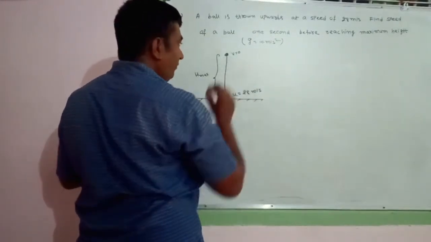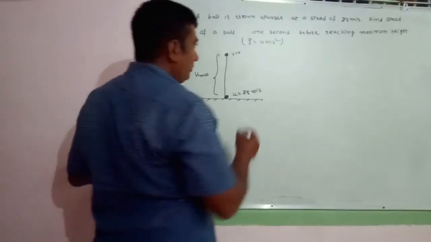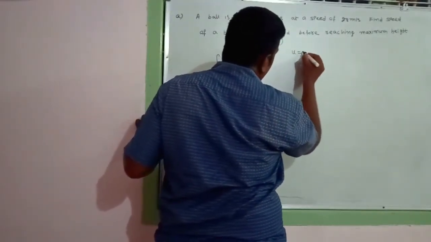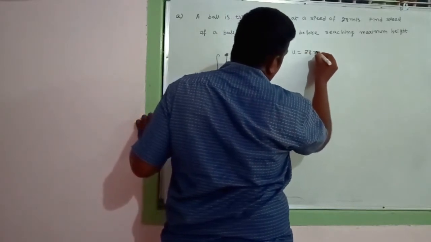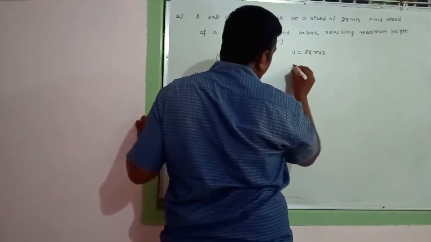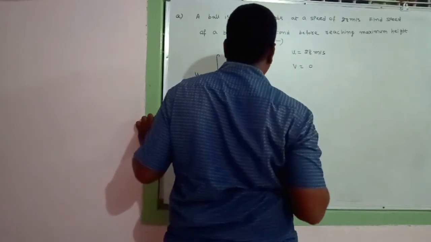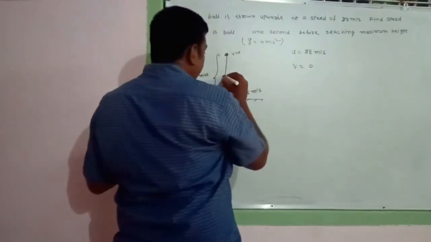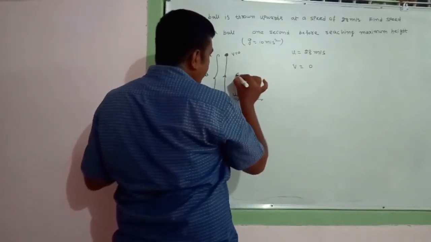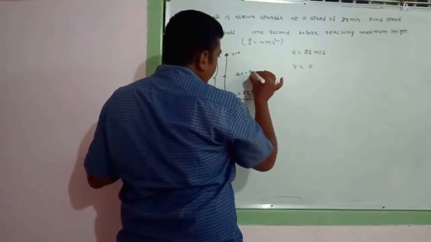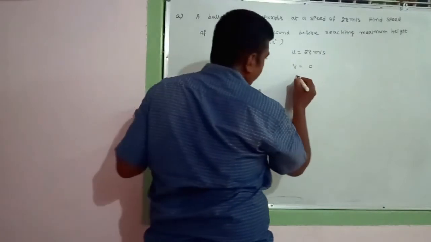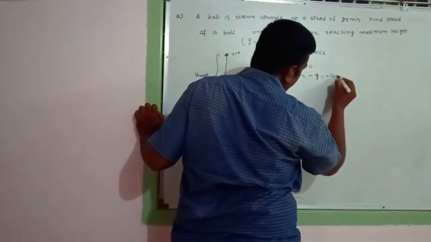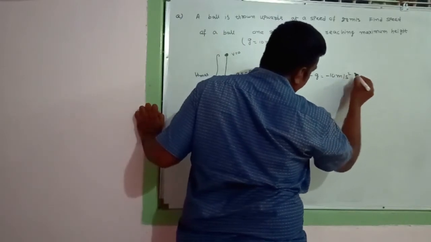First, the final velocity will be 0. So what they have given here: u equals 28 meters per second, final velocity v equals 0, and since the object is moving upwards, a equals minus g, which is nothing but minus 10 meters per second square.